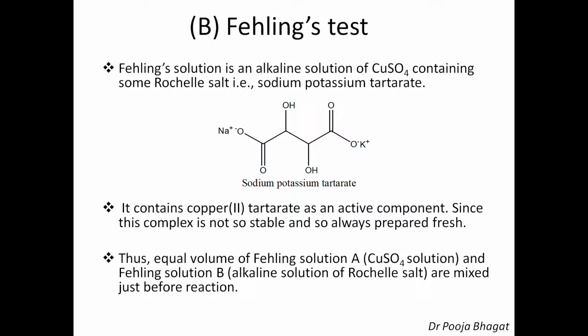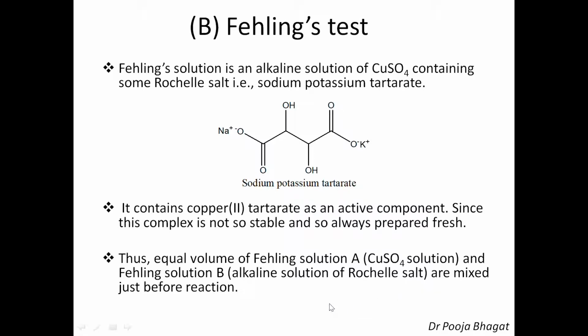Similarly, in the Tollens reagent also we have to always use the freshly prepared Tollens reagent. Now since we have to use freshly prepared Fehling solution, how can we prepare it? We have to mix equal volumes of Fehling solution A, which is copper sulfate solution, and Fehling solution B, which is an alkaline solution of Rochelle salt, just before the reaction.